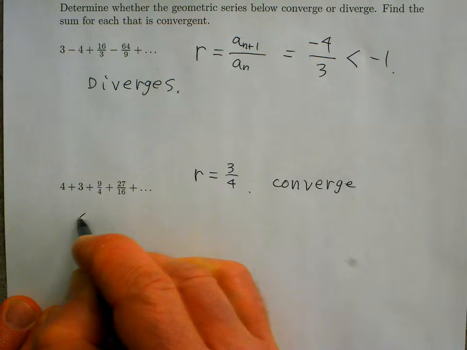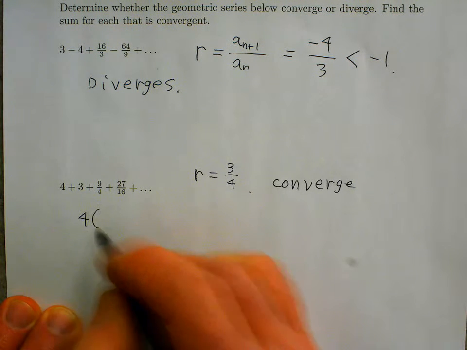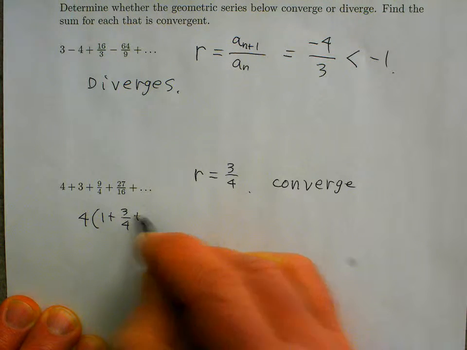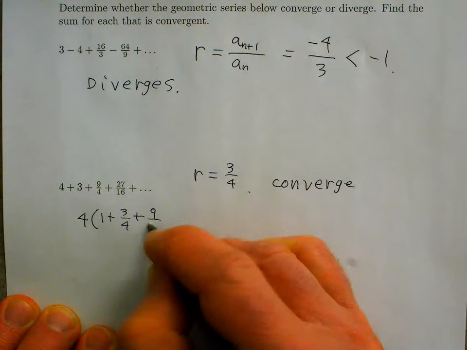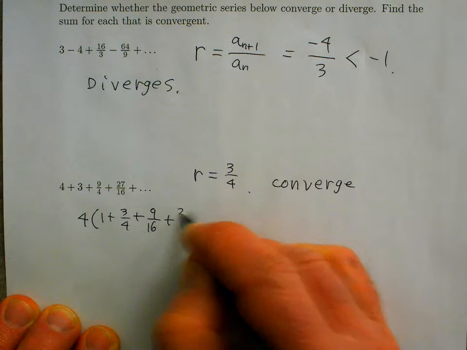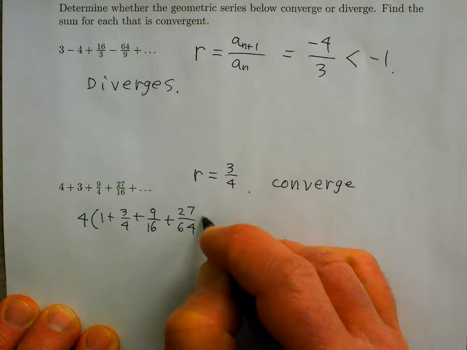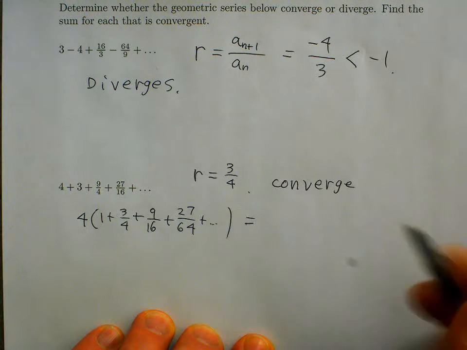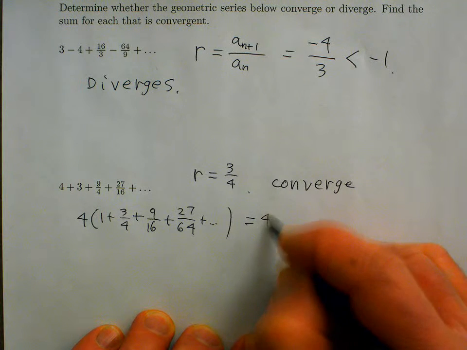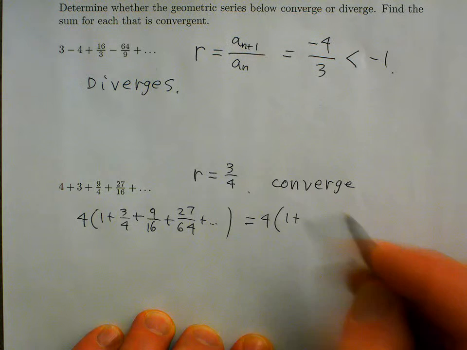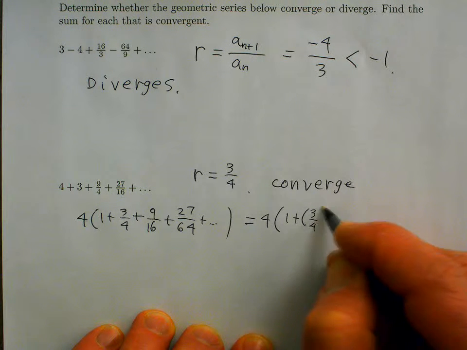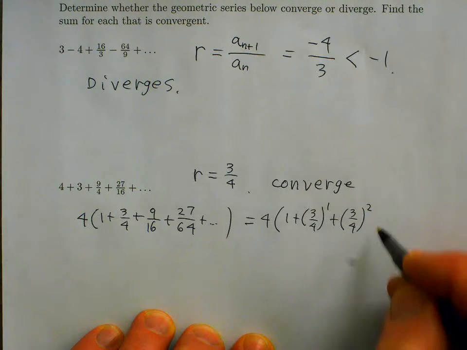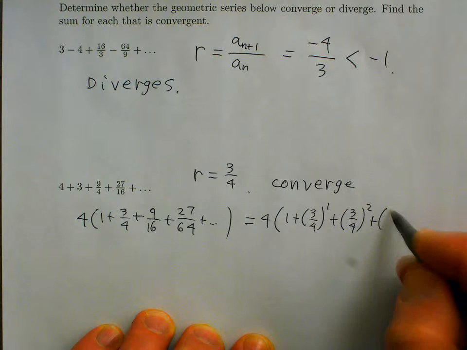Okay, well, if we factor 4 out of every term, we get 4 times 1 plus 3/4 plus 9/16 plus 27/64, and so on. So we can rewrite this as 4 times 1 plus 3/4 to the first plus 3/4 to the second, and so on, plus 3/4 to the third.